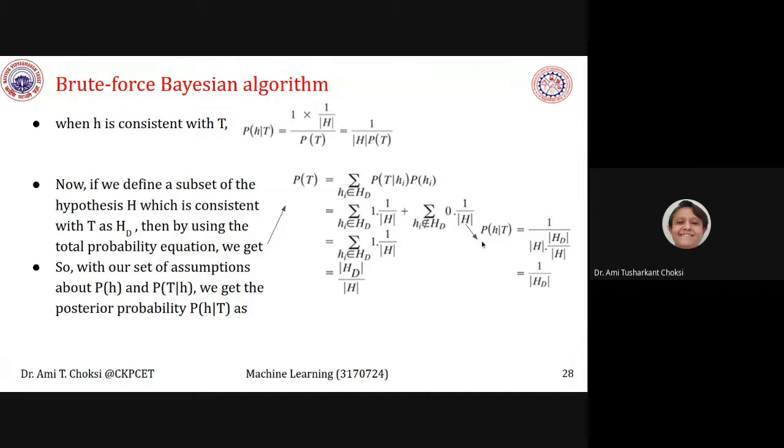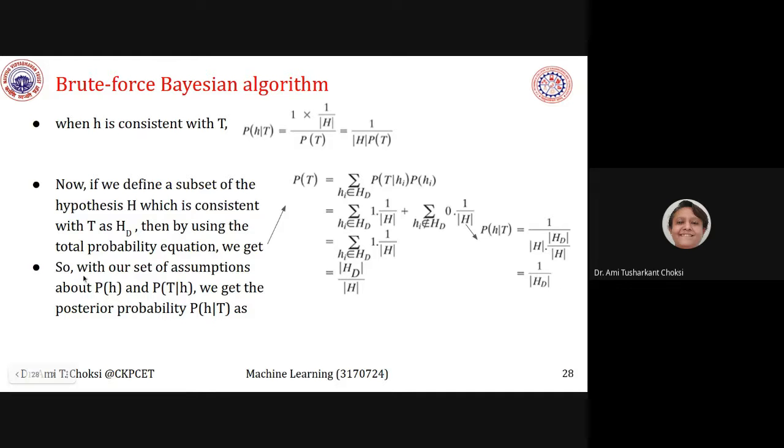So after that, P(h|T) will be equal to 1 upon |H| into |HD| upon |H|. This is what we have calculated, right? So for P(T) we are putting this value. In this equation, we have put these values and we get 1 upon |HD|, right?